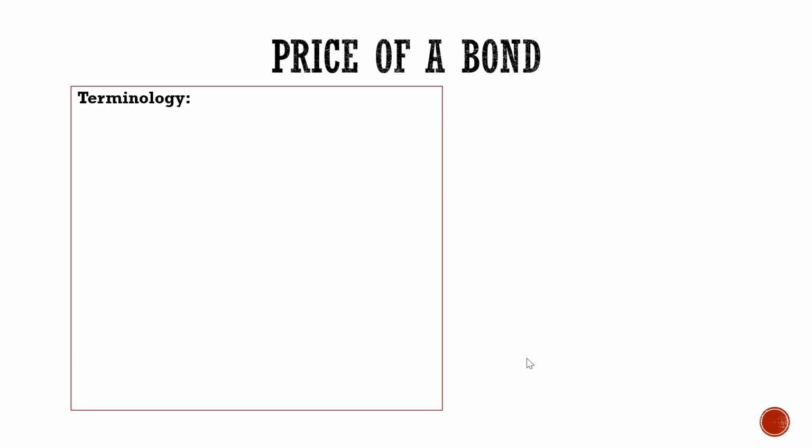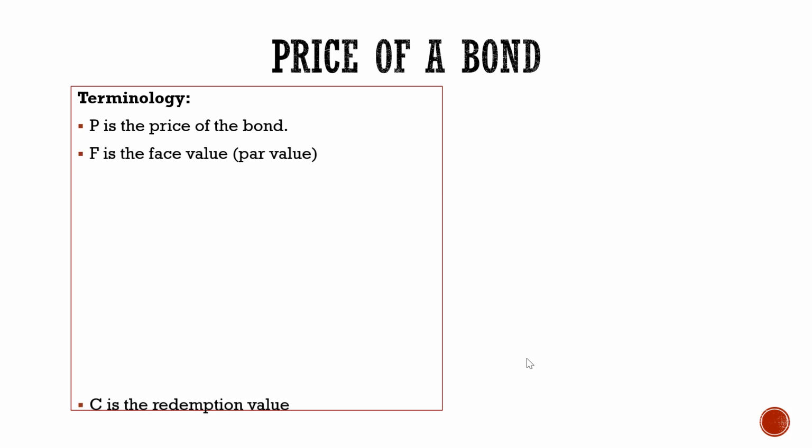There is some terminology that you need to know to practice bond problems. P is the present value of the bond, which is the price of the bond. F is the face value or the par value.